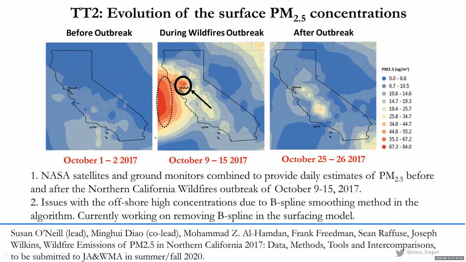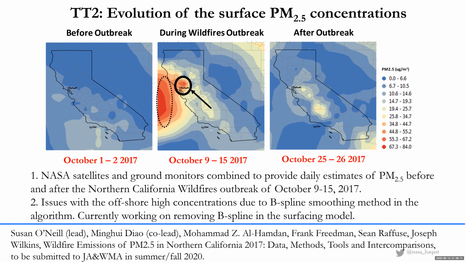And there are definitely some challenges for using satellite data for tracking the wildfire. For example, we see some higher offshore values of PM2.5, and we do not have ground monitors there to evaluate the truth of these data.